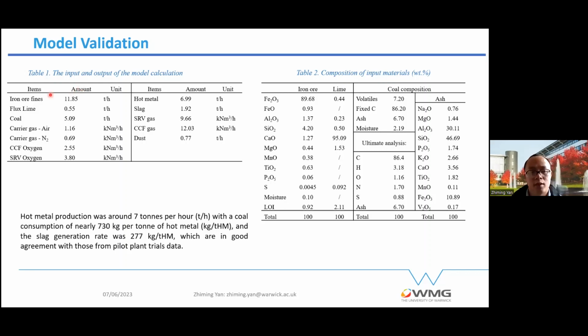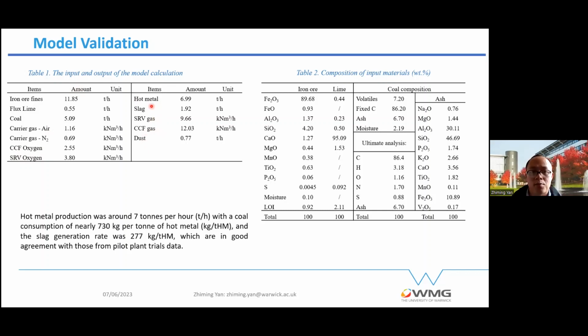We have iron ore injection, flux injection, coke injection, and air as the carrier gas for the iron ore, nitrogen as the carrier gas for the coke, and the oxygen needed for combustion in the CCF and SRV. We also have the output: hot metal, slag, off gas in the SRV and the CCF, and also the dust.